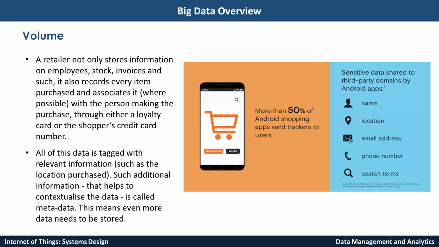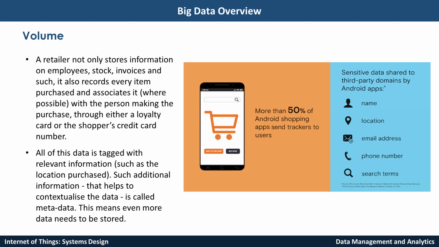As I mentioned before, volume refers to the size of the data. Any application domain could generate large volumes of data. For example, if it is a retailer, you might have information about all the transactions, but you also track what kind of products they bought.